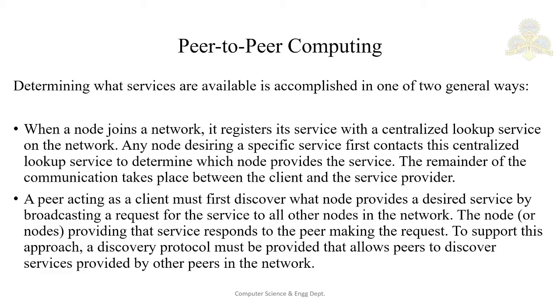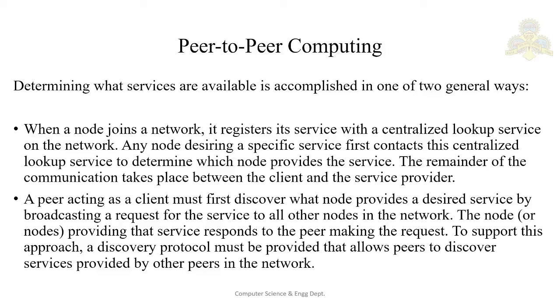Now this is the same as the second point: a peer or a node which is acting as a client. First it has to understand which other nodes or peers are providing what service. To understand which system is providing which service, it will broadcast a message, or ask all the nodes what service they are providing.